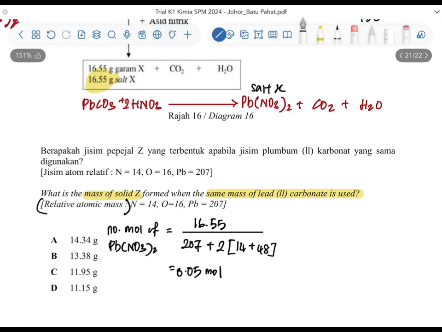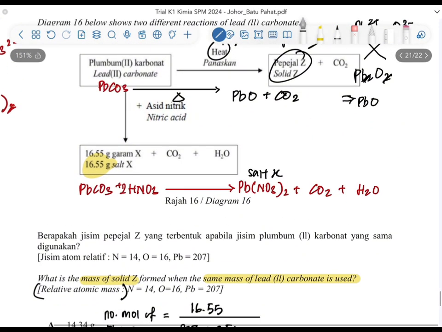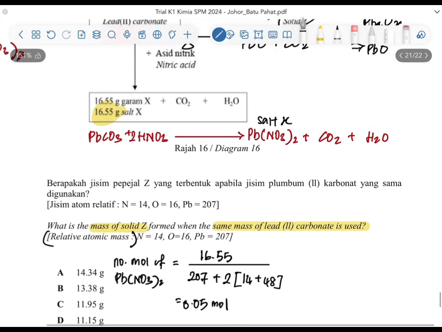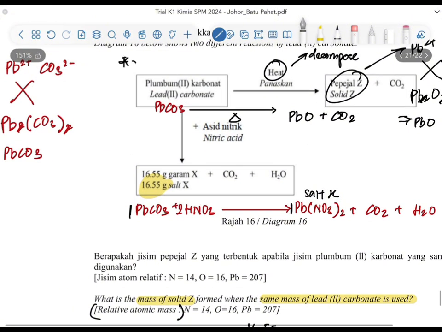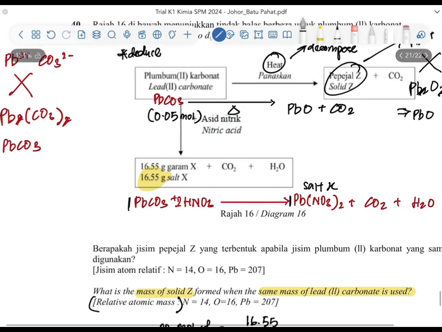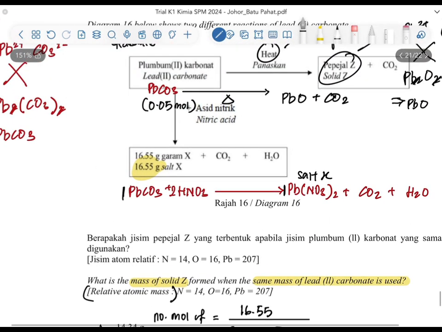The question said the same mass of the lead 2 carbonate. From this equation, we know that 1 mole of the PbCO3 is equivalent to 1 mole of the PbNO3 2. So we can deduce that for this PbCO3, we are also using the same mole, which is 0.05 mole.